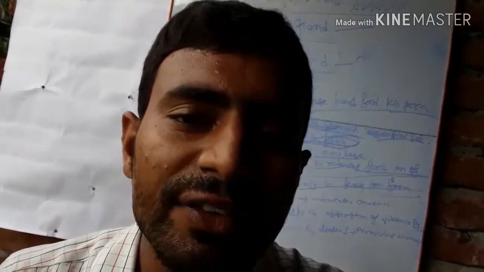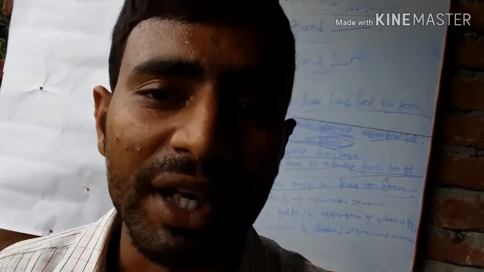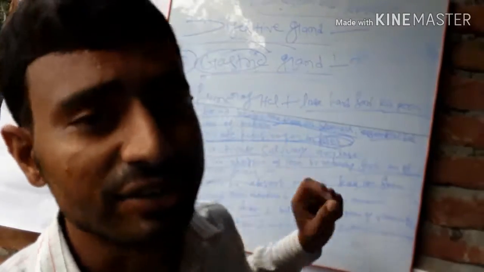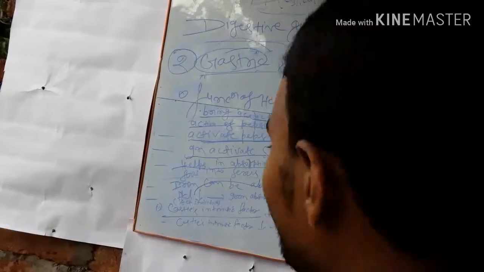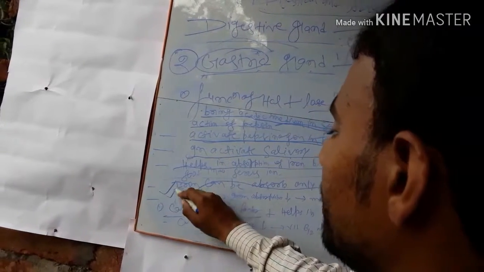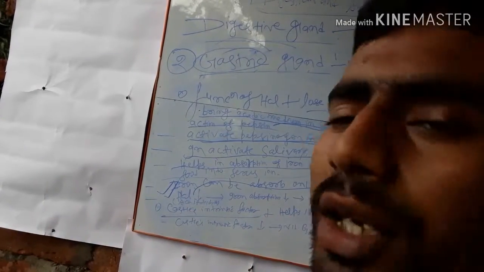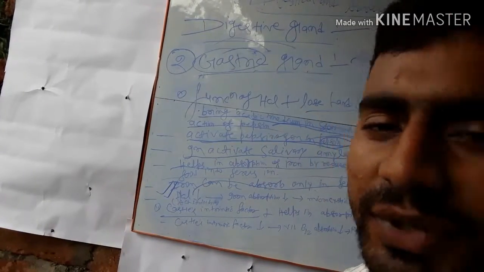This question was asked in the 2017 NEET exam, so it is very necessary for medical students. Okay, this point is also very necessary: iron can be absorbed only in ferrous ion form.